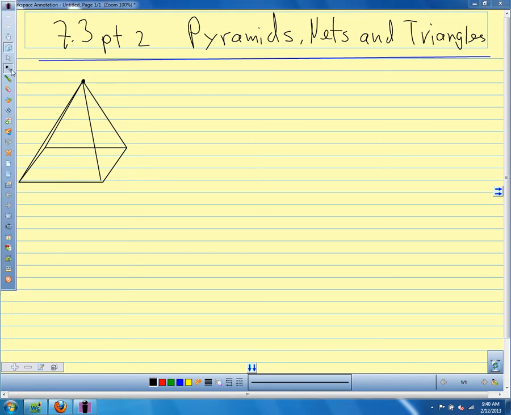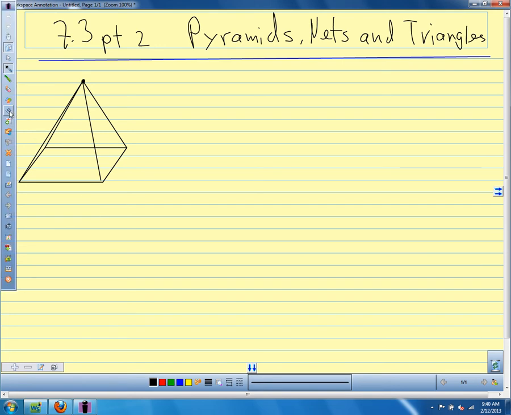Is that going away from us or at us? It's supposed to be going up. And I guess depending on how you see it, you could be looking at the bottom of the base or looking inside the pyramid at the top of the base. Yeah, it kind of switches around sometimes.